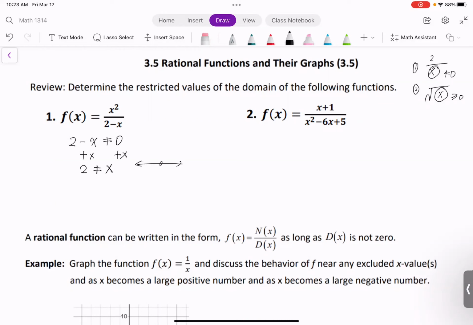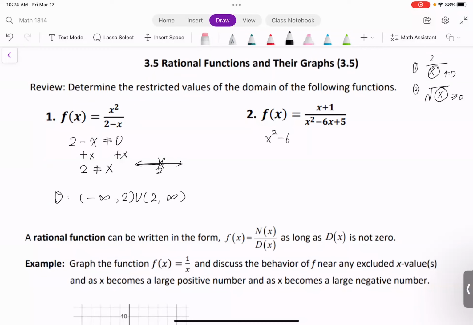On the number line, I can skip x equals 2. Highlight other area. So the domain of the function is from -infinity to 2, union 2 to infinity.